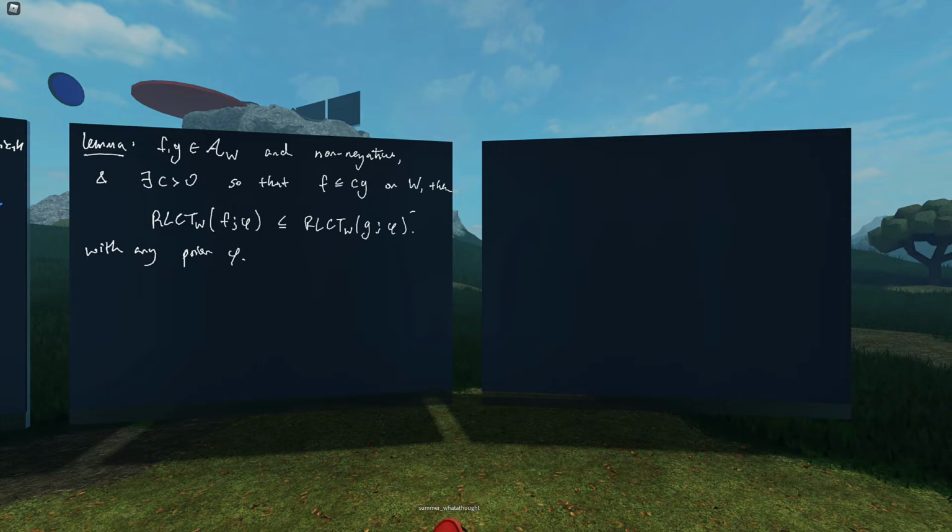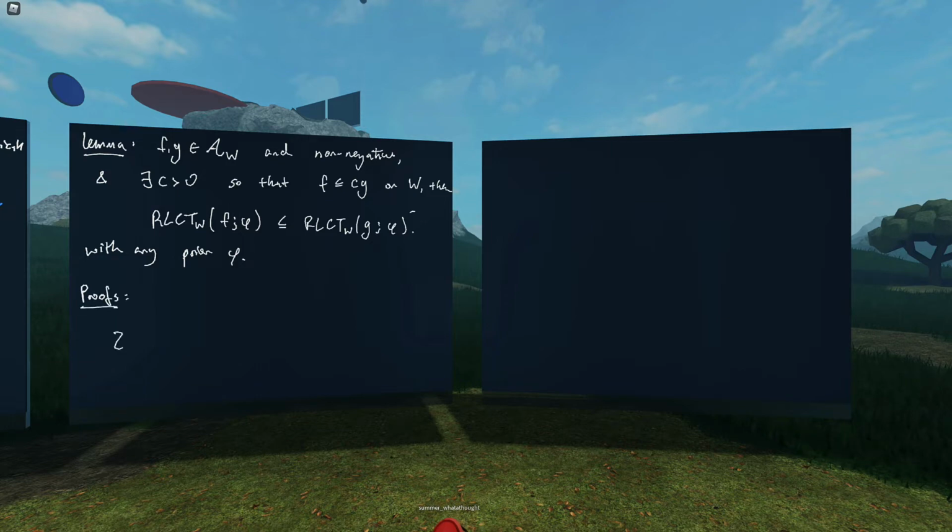Right. To prove this, we will look at the asymptotics of the partition functions. You can also look at the resolution of singularities if that tickles your fancy.